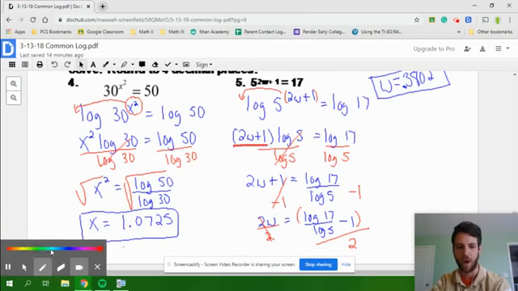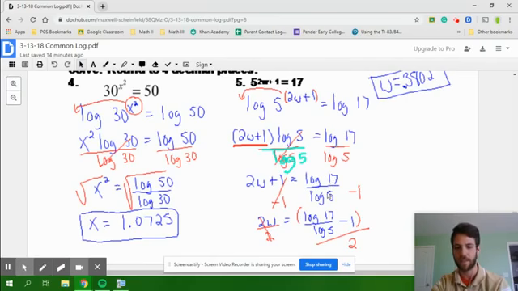And then you are continuing by just dividing by this log of 5 on both sides. And that would lead you to having log of 17 divided by log of 5 on the right side. So you'd have to subtract 1 first. You can see that in blue right underneath. And then when you are dividing by 2, you're basically dividing by 2 into everything.